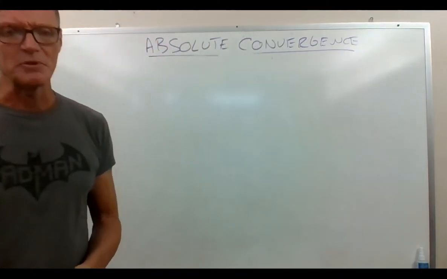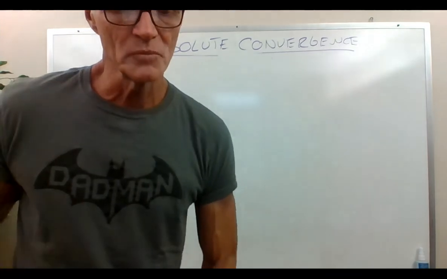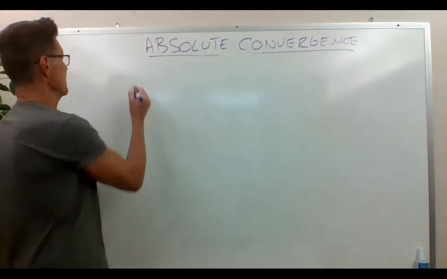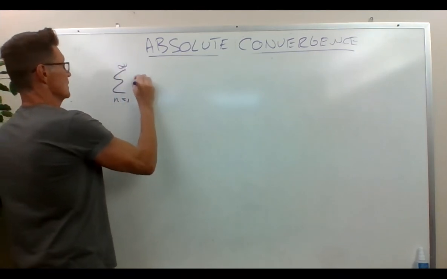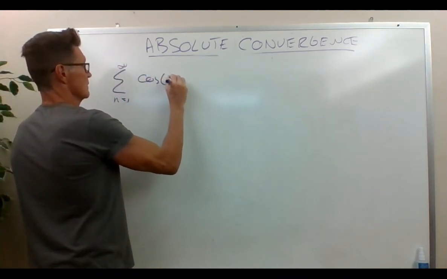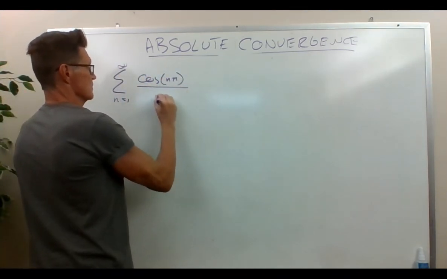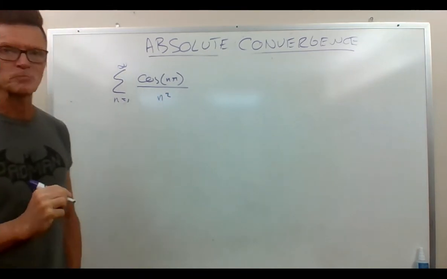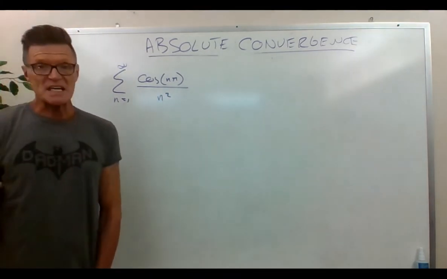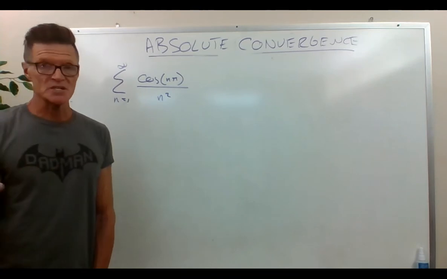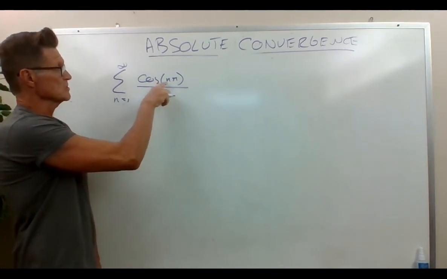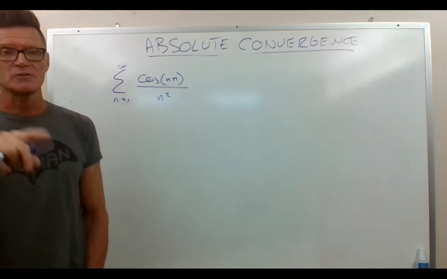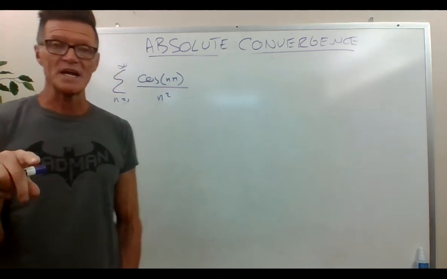The first example will be cosine of n pi over n squared. Now, this is an alternating series, even though it doesn't have a -1 in it, because we know that the cosine of n pi is going to fluctuate back and forth between 1 and -1.